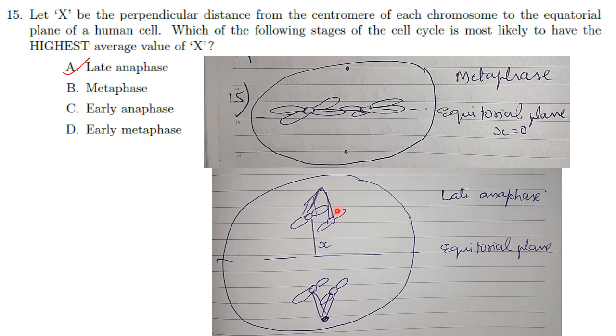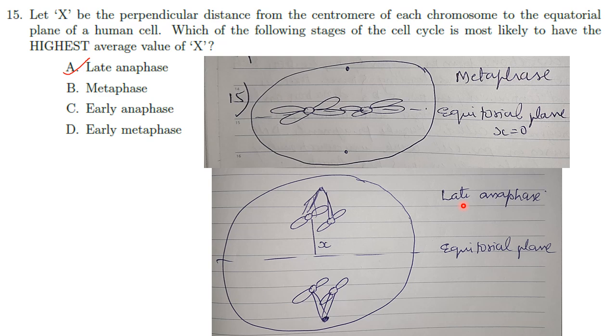But in the late anaphase stage, the chromatids have got separated and are pulled by the spindle fibers towards the pole. So the perpendicular distance from the centromere of each chromosome to the equatorial plane, that is X, will be highest in the case of late anaphase.